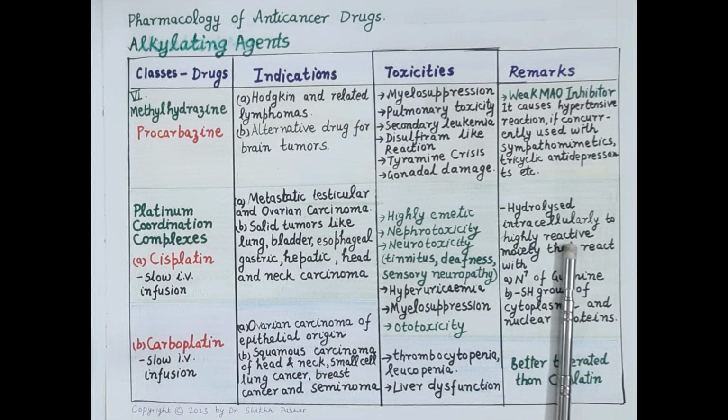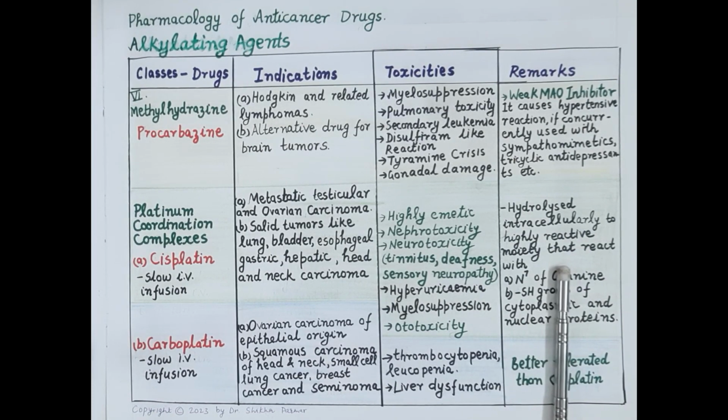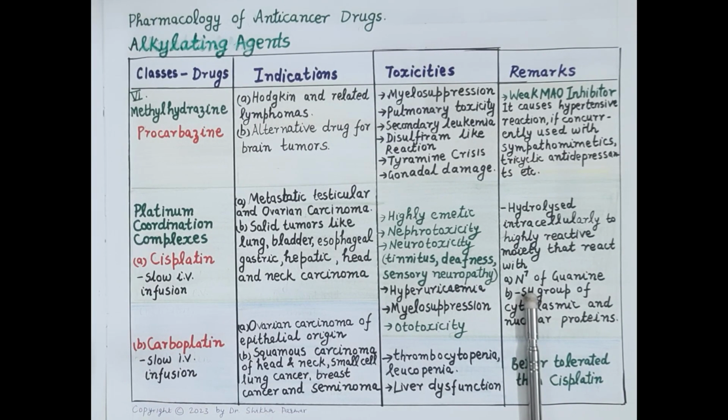Now, cisplatin is hydrolyzed intracellularly, and upon hydroxylation, it produces highly reactive moieties. And these highly reactive moieties react with the nitrogen on the 7th position of the guanine. Guanine, as we know, is a base that is present in the structure of the DNA.